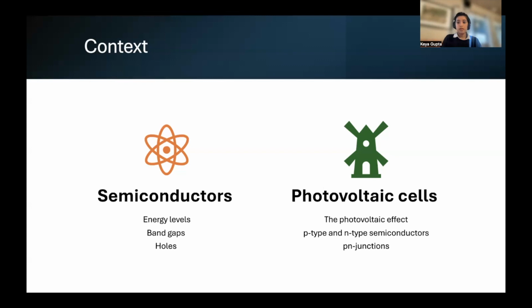When you have an atom, the electrons of an atom can only exist in different discrete intervals called energy levels.